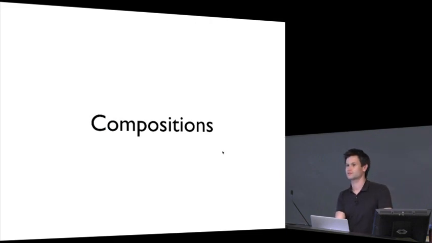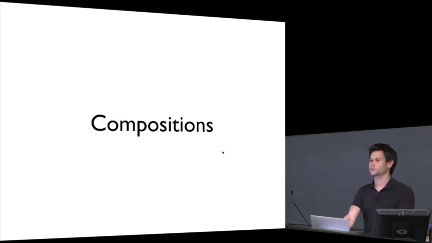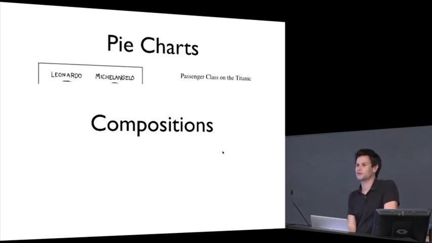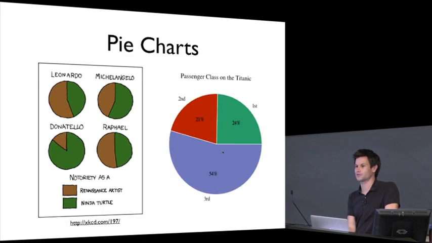Okay, compositions. What's the type you would prefer for compositions? Compositions mean you have something that is whole, and you need to split it up in different sections or different parts. What would be the thing that everyone is using? Pie chart, yes, correct.